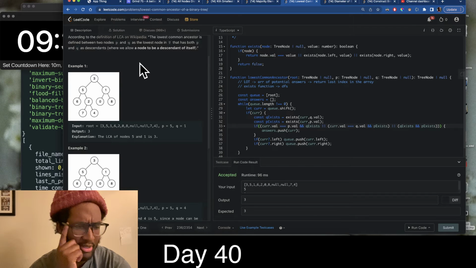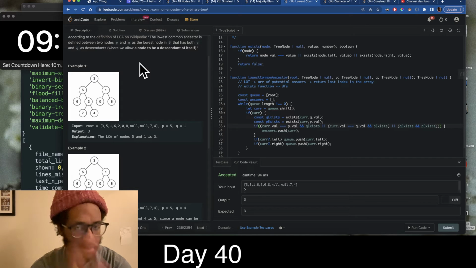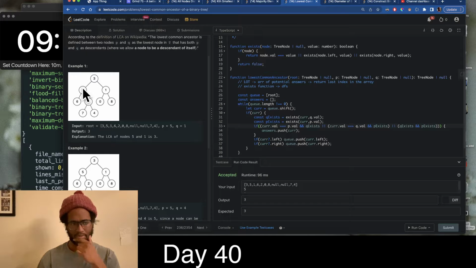Another way we could speed this up is if we created a... how could we speed this up? We could use a map. What if we iterated through the entire binary tree and created a map.